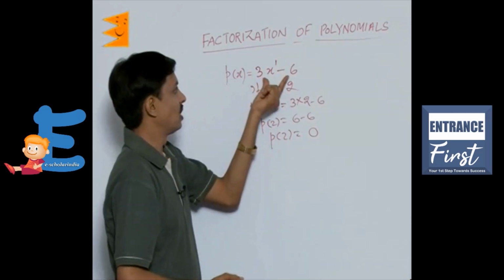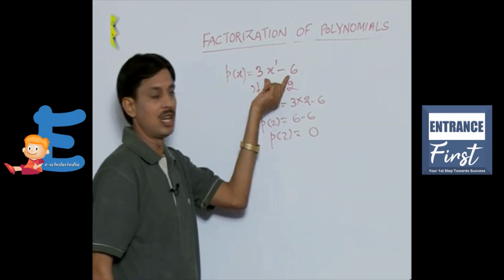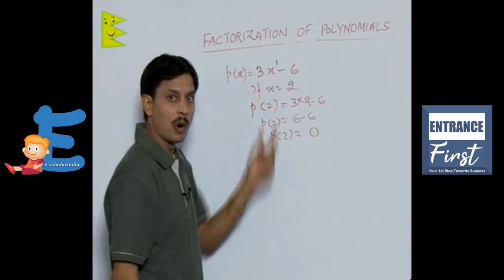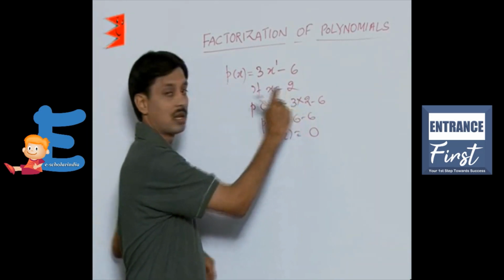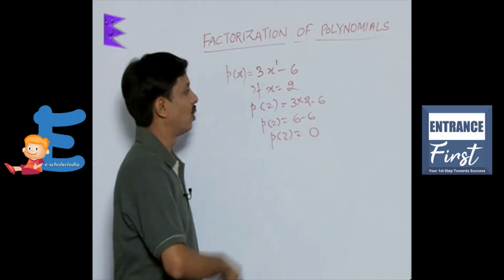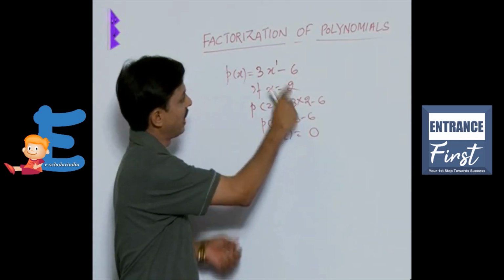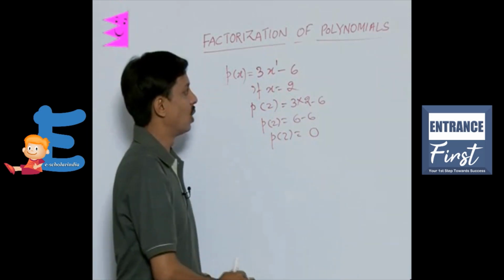So the answer of this polynomial becomes 0 when x is assumed to be 2.